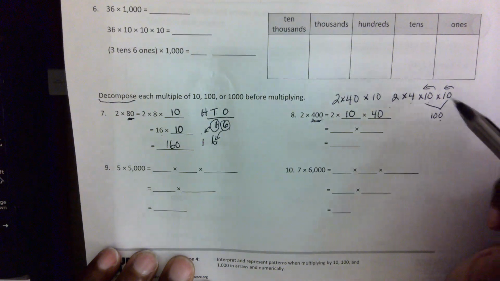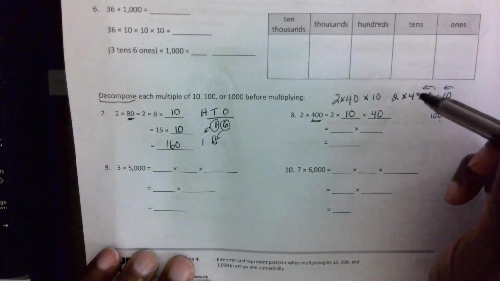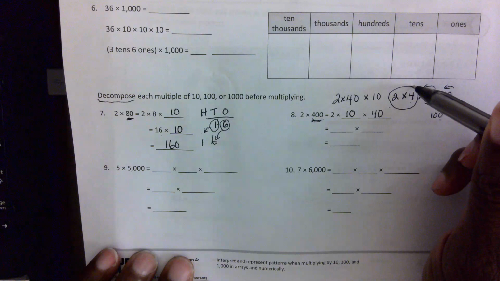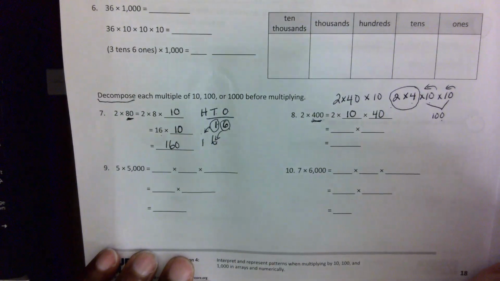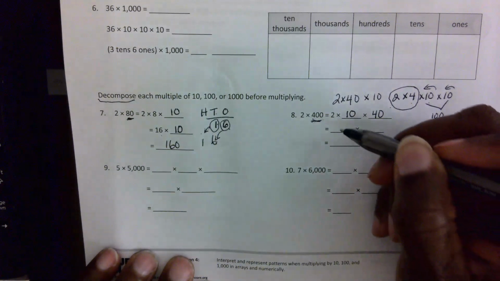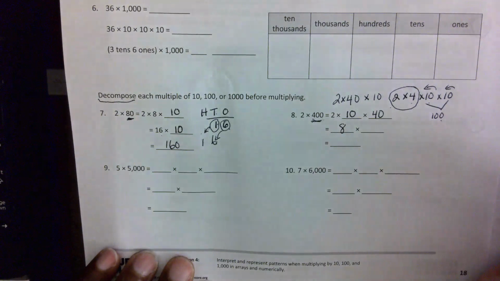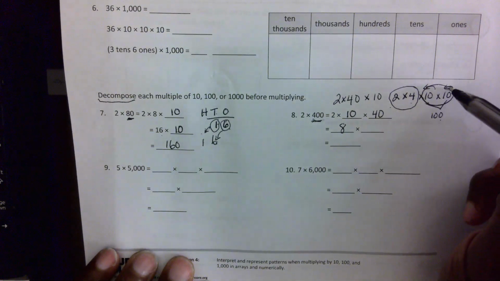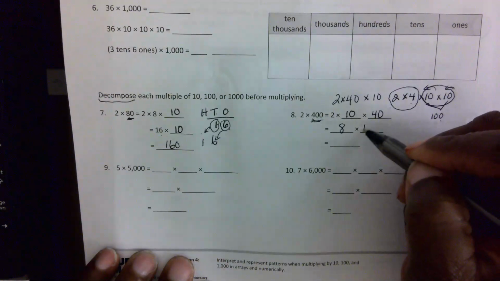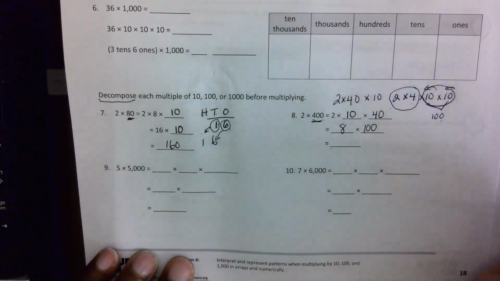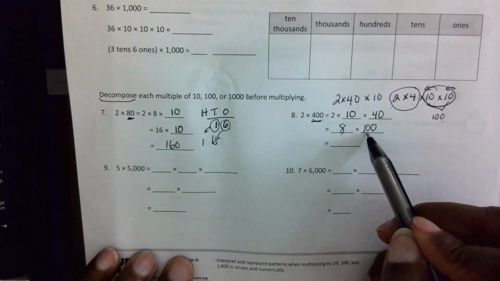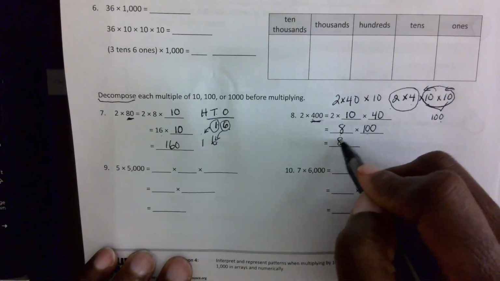So now that we've done that, we can multiply the 2 and the 4 to get 8. And we can multiply the 10 and the 10 to get 100. And then 8 times 100 is 800.